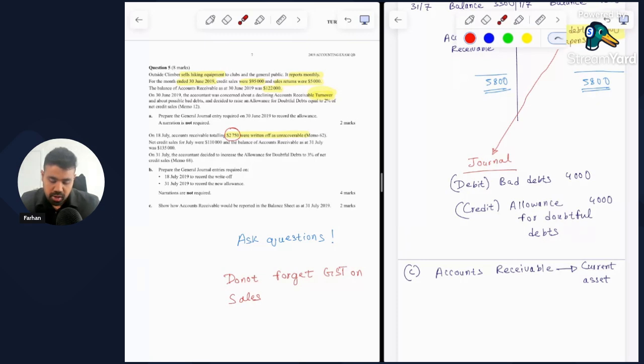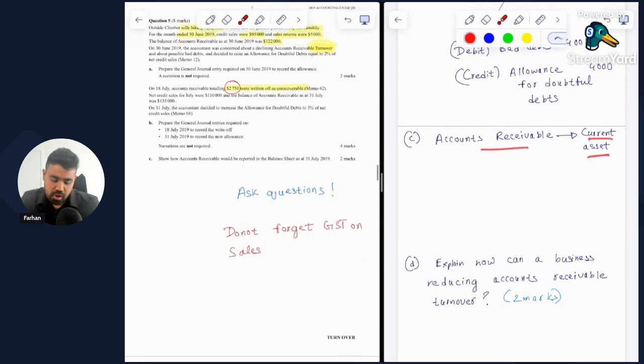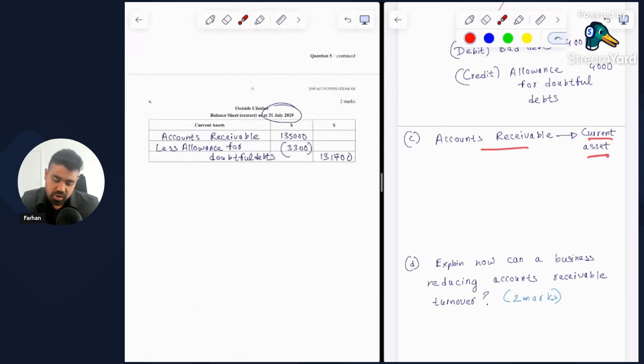So let's start with part C, which wants you to report the accounts receivable in the balance sheet at 31 July 2019. I'm pretty sure all of you know what to do. We understand this accounts receivable is a current asset account. So here we are given the balance sheet extract outline, and I've just filled in the numbers. Accounts receivable at 31 July 2019 is $135,000 based on the information we're given in the question.